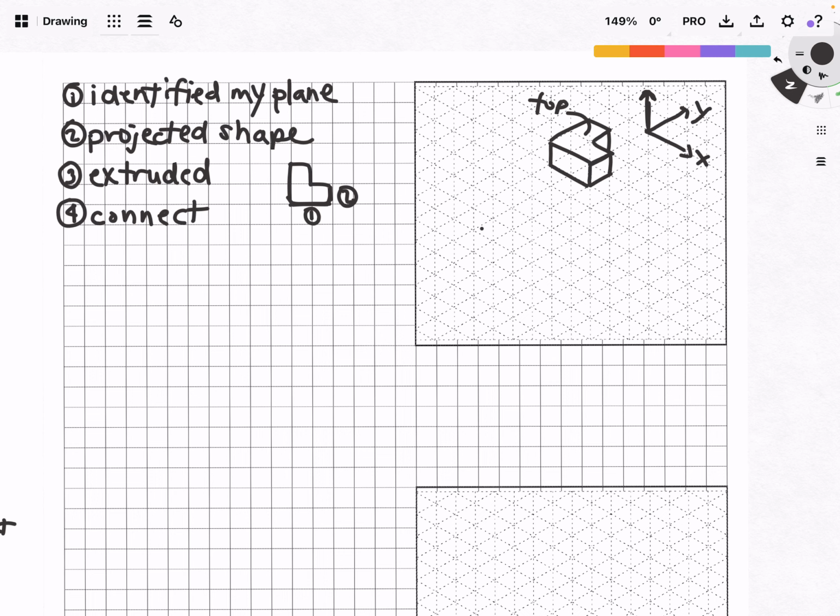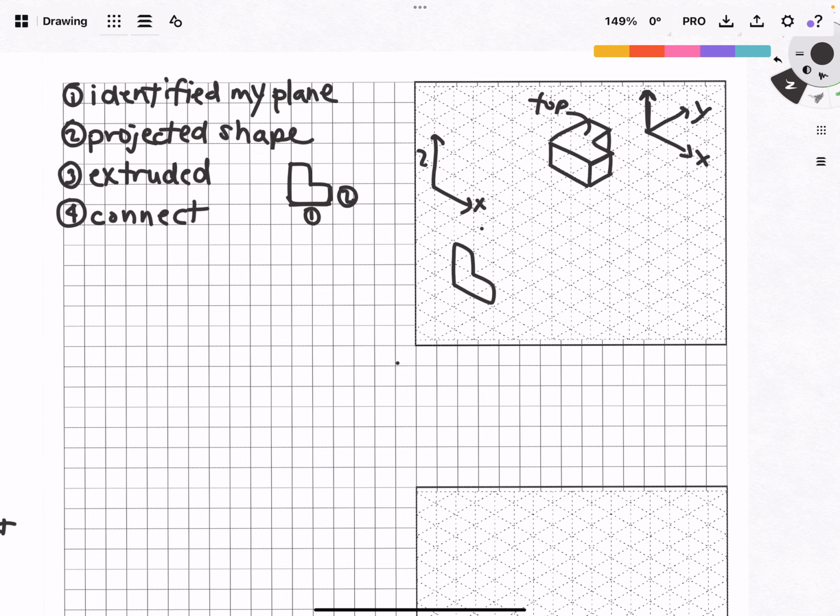Okay, the front plane, from my notes, I know that the front plane includes the x-axis and the z-axis. So all my lines should be parallel with the x-axis and the z-axis. Okay, I'm going to draw the bottom of my triomino and go up the side, back to the left along the x-axis, up the z-axis, along the x-axis, and then down the z-axis.